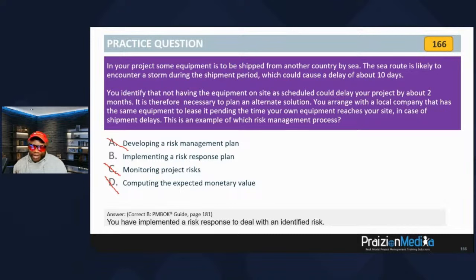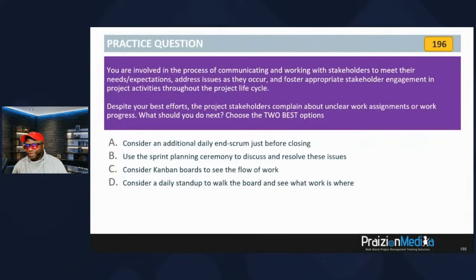My friends, we have almost gotten to the end, but this session wouldn't be complete without at least one more robust question on stakeholders. Okay? So, you are involved in the process of communicating and working with stakeholders to meet their needs or expectations, address issues as they occur, and foster appropriate stakeholder engagement in project activities throughout the project lifecycle.